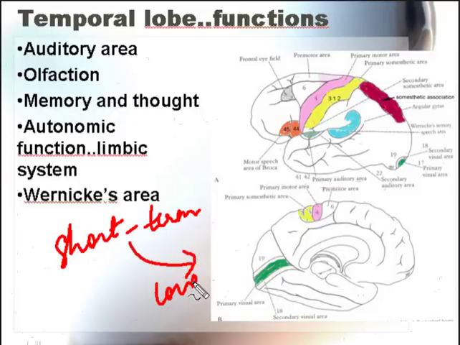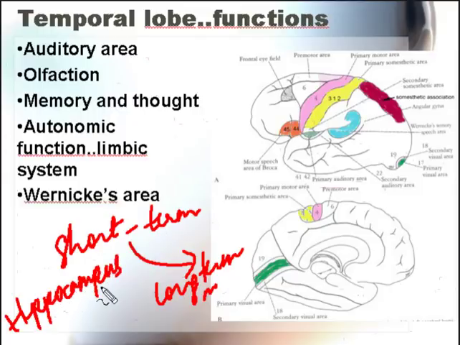The hippocampus, which is present in the temporal lobe, is responsible for short-term memory. So that's why I said that short-term memory is a function of the temporal lobe. This hippocampus retains the information in short-term memory, and then transfers it to long-term memory.